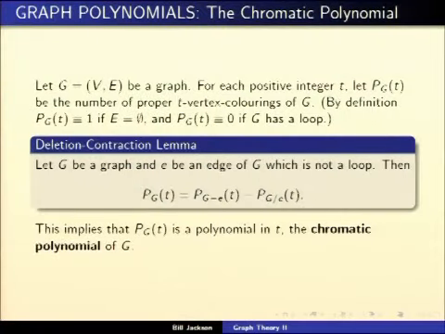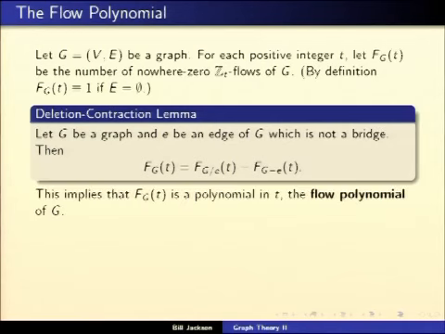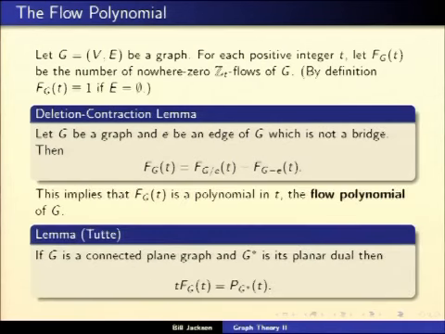So chromatic polynomials: if we define P_G(t) to be the number of proper t-vertex colorings of a graph G, then this gives us a polynomial in t, and it satisfies the famous deletion-contraction lemma. We can do the same thing for flows, so we can define F_G(t), which is the number of nowhere zero mod t flows in a graph.